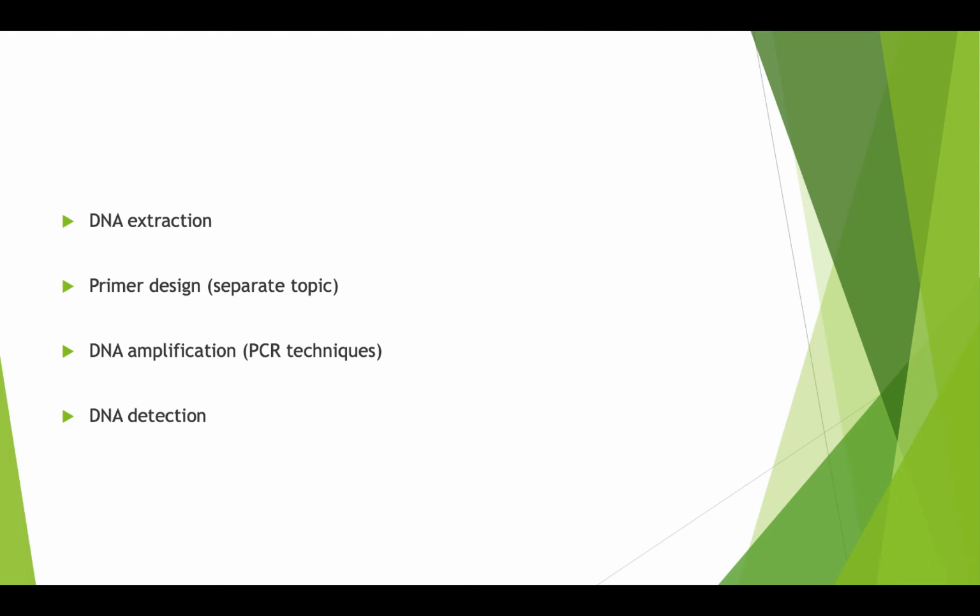And then it's a complementary strand, 15, 20, 25 base pairs, which you design to be the same sequence as the beginning of the sequence that you're looking for. وتحط primer على نهاية السيكونس بحيث إنه you are telling the polymerase to work from here and stop from here. So it will keep generating the same sequence of DNA that you're looking for. إذا كان sequence موجود. إذا كان sequence مش موجود, the primer will not bind, and then you will not find what you're looking for. So it will be negative.